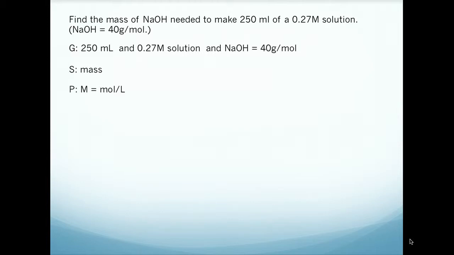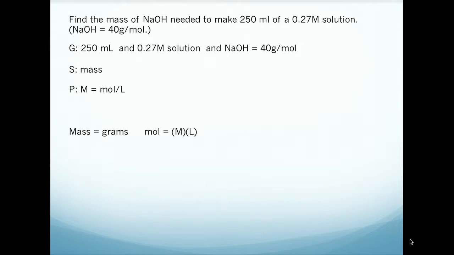So for our plan, we write down molarity is equal to moles per liter, but we're solving for mass. So we have to look at what we're given, and we have to look at our equation and find out which one of those variables we can solve for that will eventually lead us to mass. If we remember about our moles, we can change moles to grams. So we're going to solve for moles.